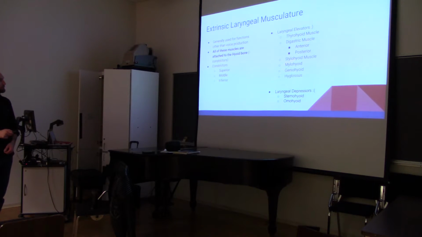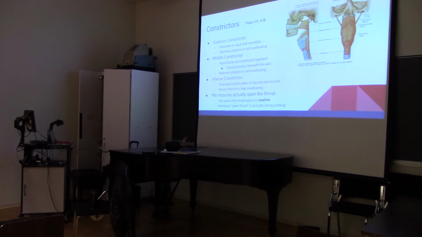So there's the constrictors we talked about, laryngeal elevators: the thyrohyoid muscle, digastric, anterior and posterior, stylohyoid, mylohyoid, geniohyoid, hyoglossus. Laryngeal depressors are sternohyoid and omohyoid. These are all the ones that move your larynx up and down, basically.